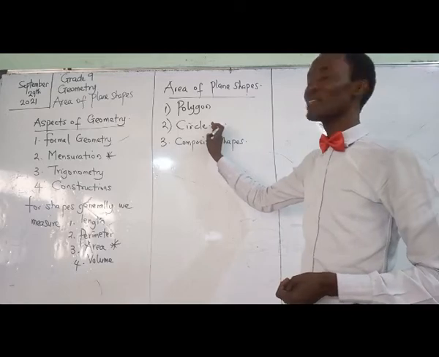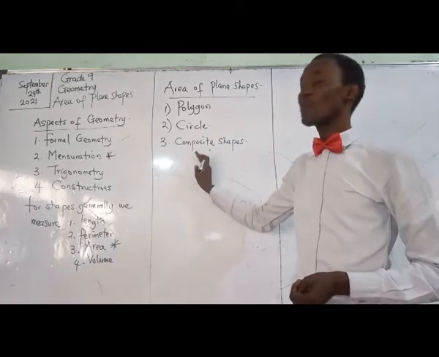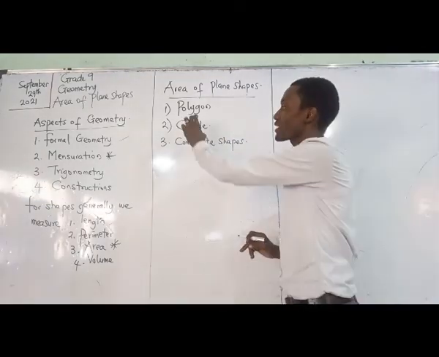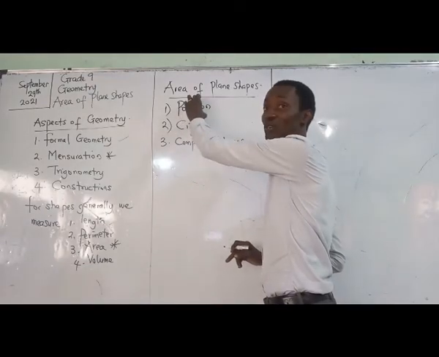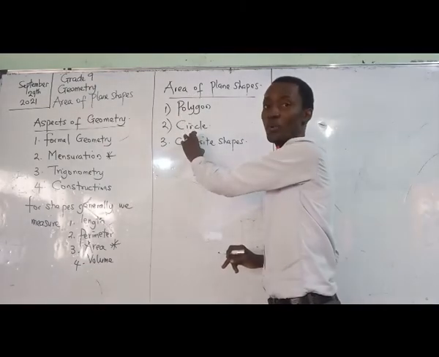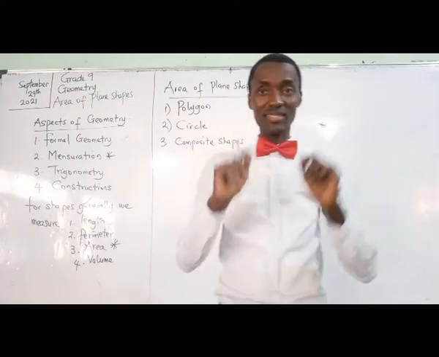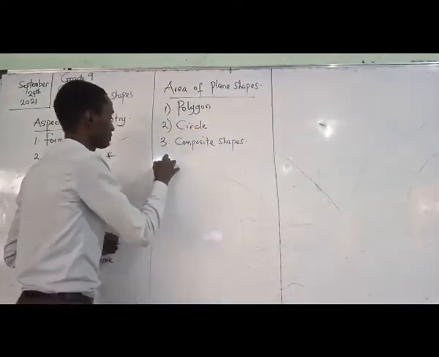Polygons, circles, and composite shapes. You can have aspects of these combined to give you your composite shape. To start, we'll go with polygon.